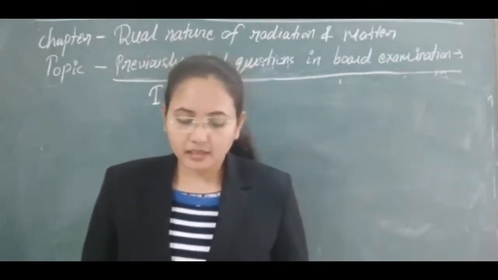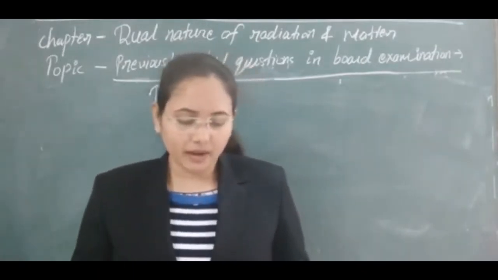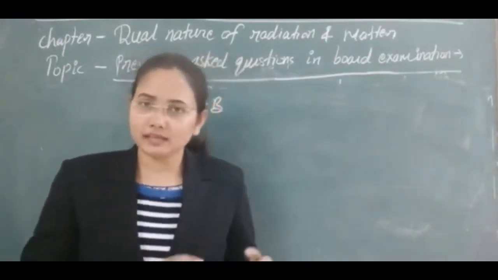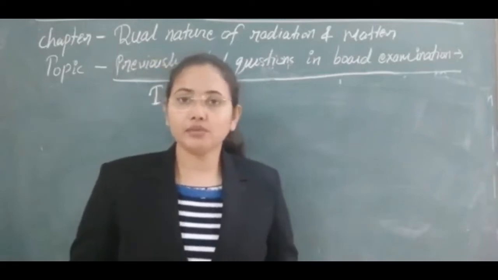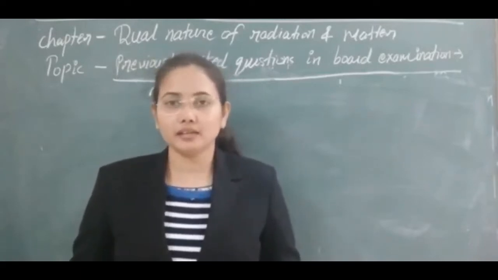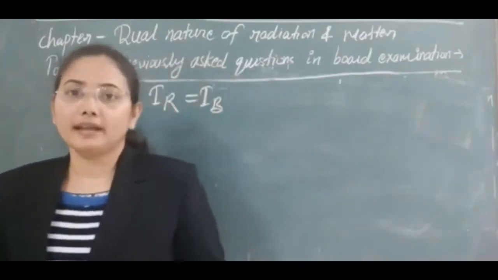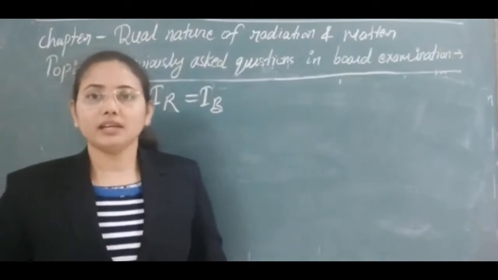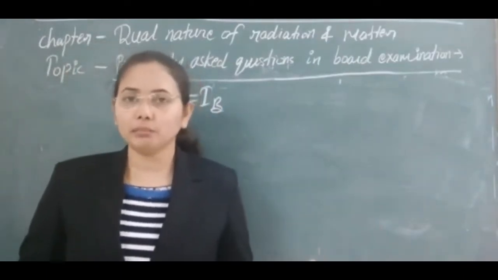As we have to calculate the number of photons per unit area per second here, I just told you the number of photons is directly proportional to the intensity of radiation. So obviously if the intensity of both colored lights is the same, then the number of photons they contain will also be the same, because intensity is directly proportional to the number of photons.